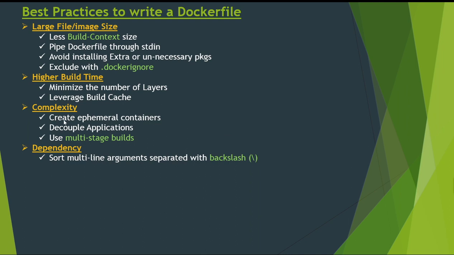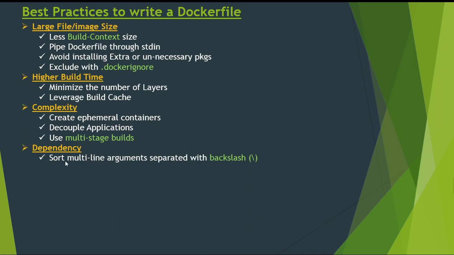First of all, create ephemeral containers. Ephemeral means that the container can be stopped and destroyed, and then if you want, we can rebuild and replace it with an absolute minimum set of configuration.